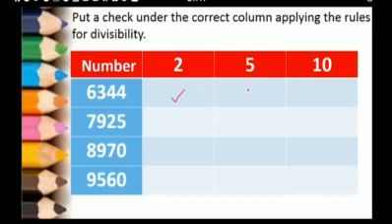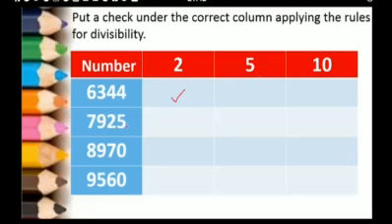Okay, how about 5? 6,344, is it divisible by 5? No, because a number that is divisible by 5 should end in 5 or 0, so it is not.